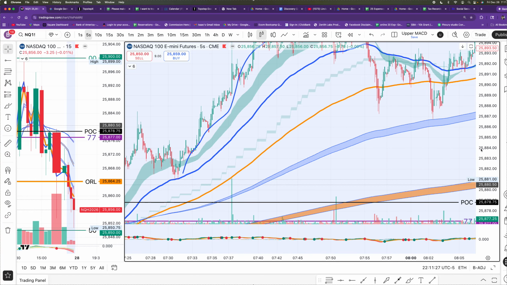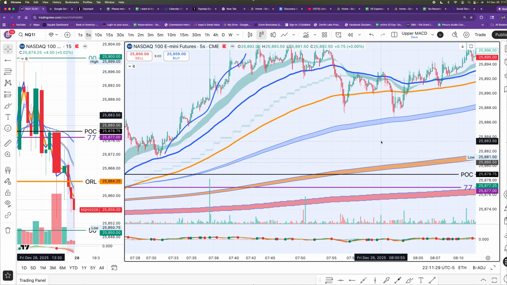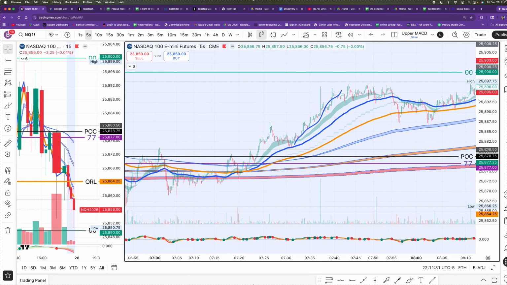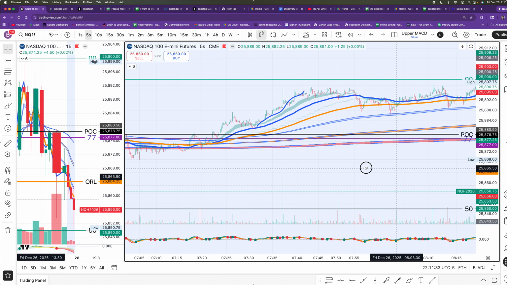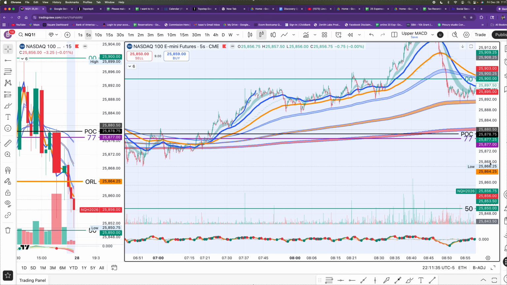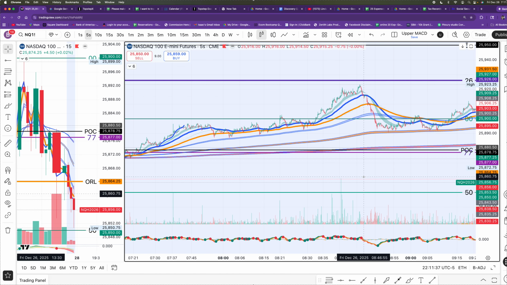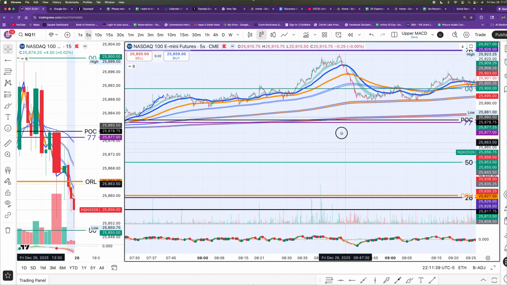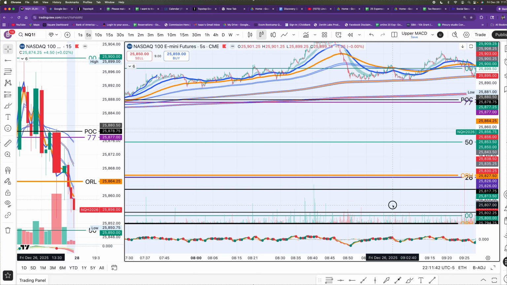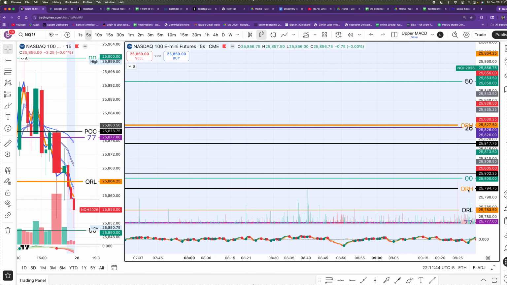As far as the grid levels, I always have on 4 horizontal grid levels for every 100 points. Basically that's the 00 here, which I have marked in green.